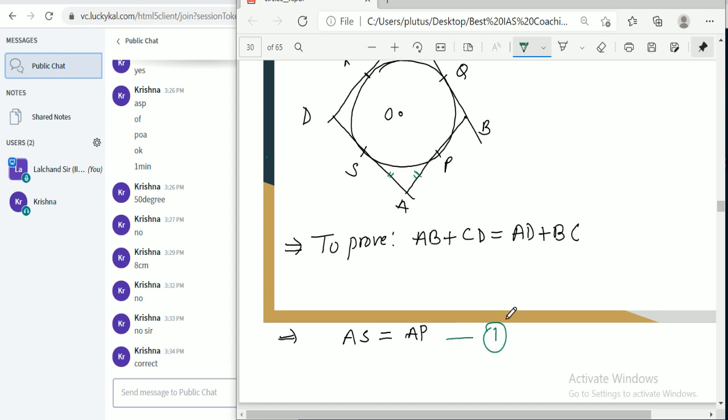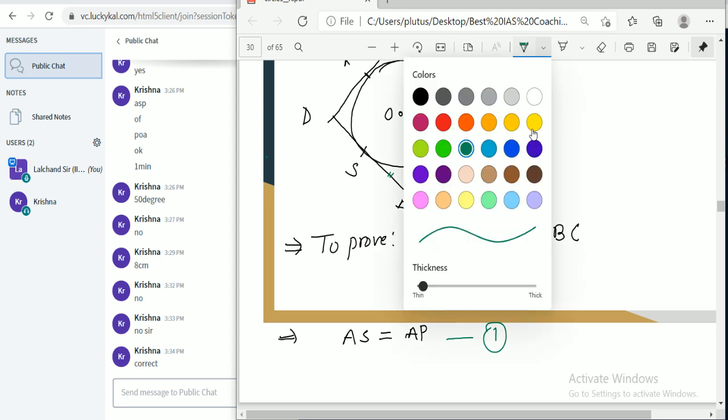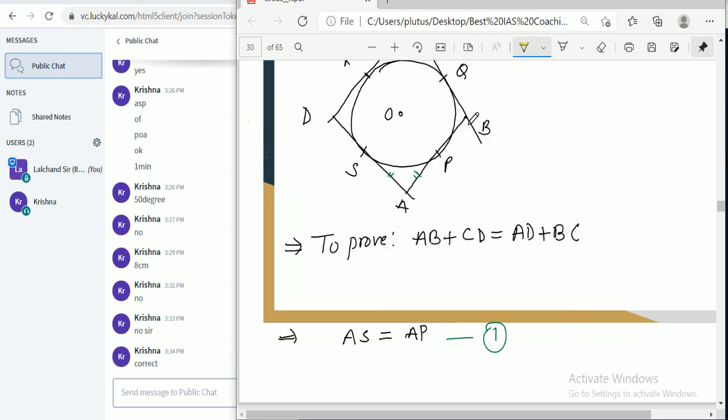If we write in similar way from point B, we have BQ and BP. These two are tangent. So this is also equal to this. PB is equal to BQ. This is equation number 2.